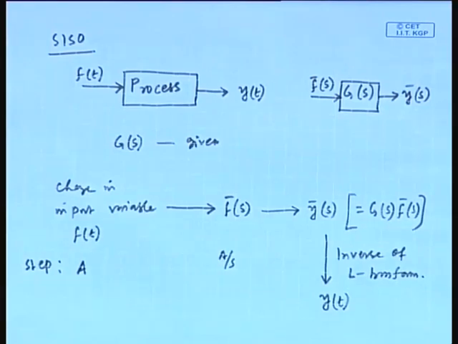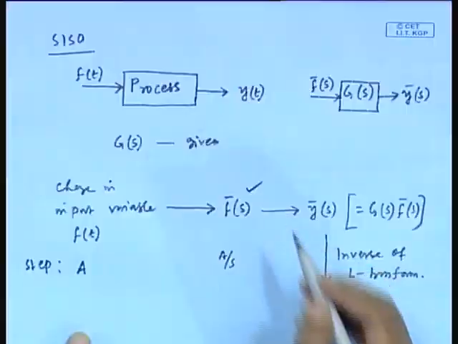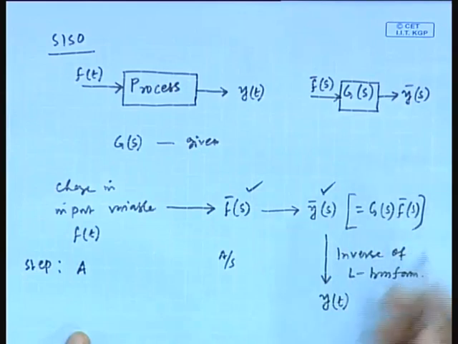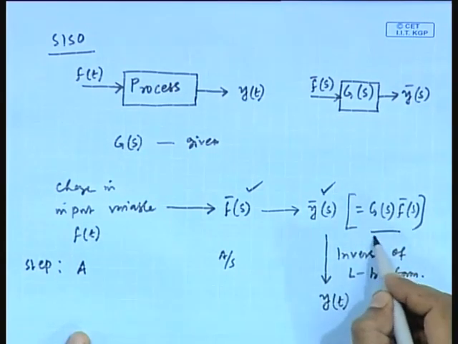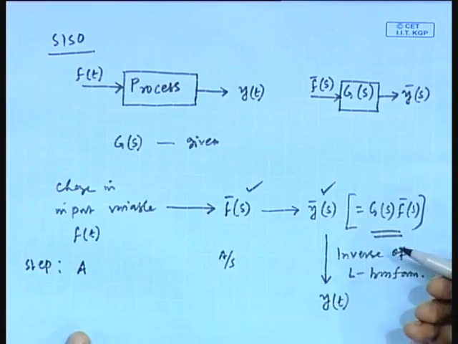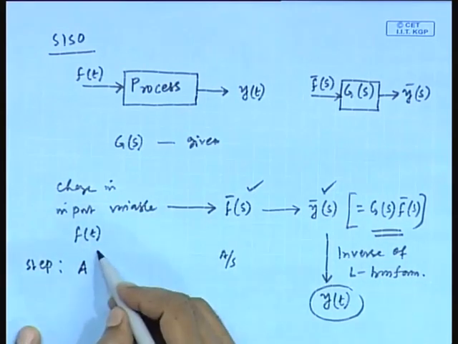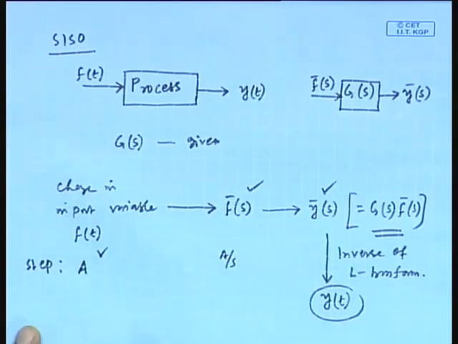So, we have a particular process, we are introducing some change in input variable in terms of F(t). Now, we change that input to s domain represented by F bar(s). Then Y bar(s) is equal to G(s) F bar(s). Then by taking inverse of Laplace transform, we can know Y(t). So, if we give a change in input variable F(t), we can know the transient behavior of that process in terms of Y(t). So, that is the use of transfer function.